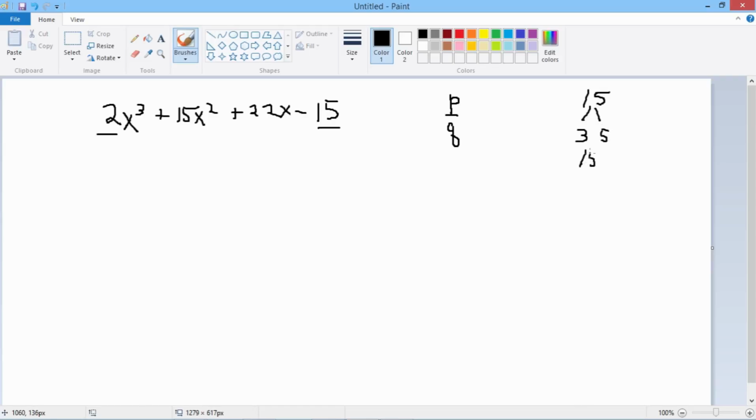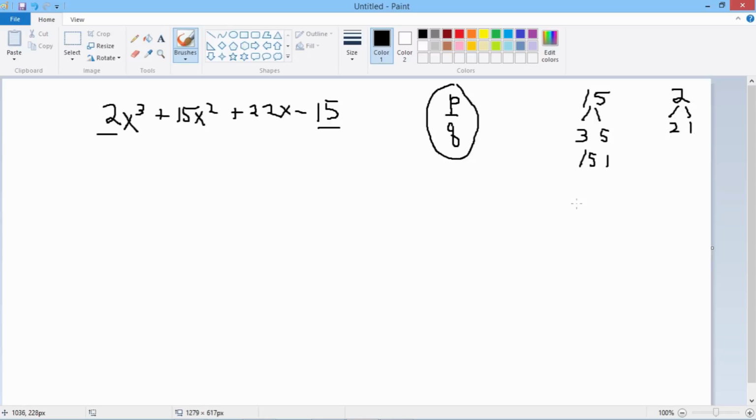Because it's negative 15, it's 1 and negative 15. But it doesn't matter because all of the possible zeros we find are going to be plus or minus. And then we have 2. Well, the factors of 2 are just 2 and 1.